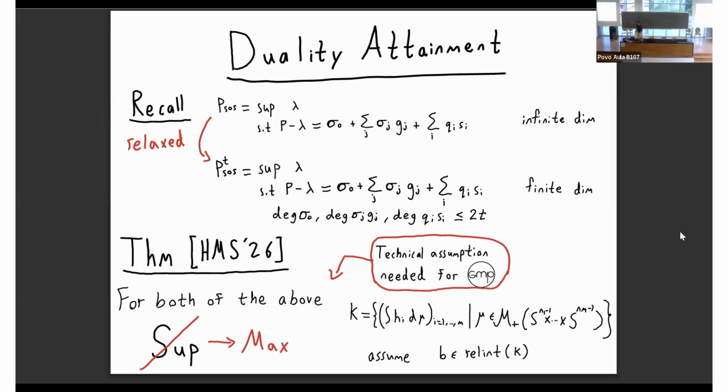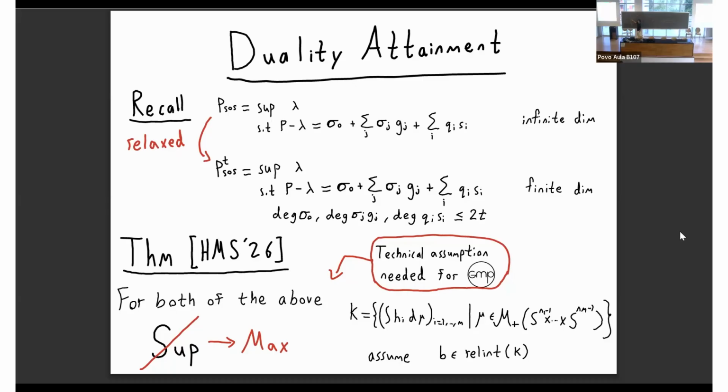Okay, so what does this duality attainment mean? Maybe I can wave my hands a bit. Imagine we have a gap here between these two. This would be called a duality gap. So we have two things.